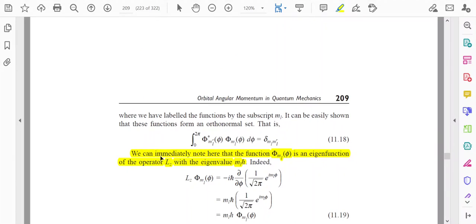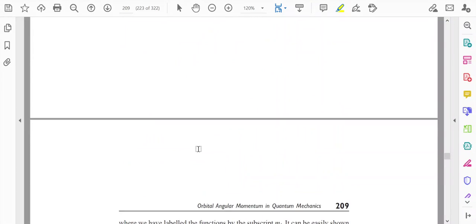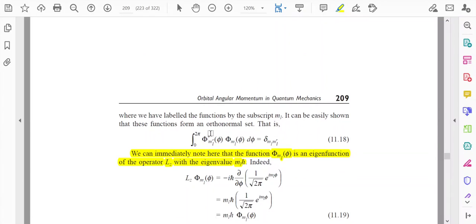But before that, let us see that there is some orthogonality relation for phi. So this is the orthogonality relation, that is the integral from 0 to 2 pi of phi star ml prime phi ml d phi is equal to delta ml prime ml.